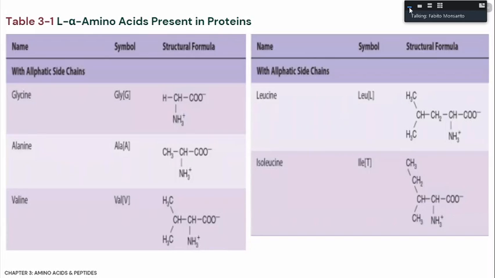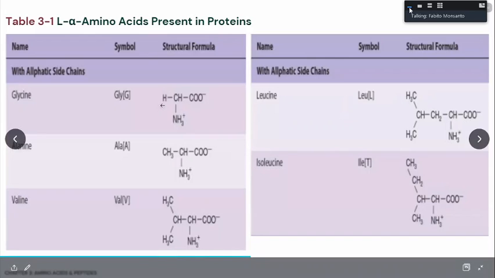Now, if you still remember your kindergarten organic chemistry, it's this carbon here which we call the alpha carbon. Actually, this alpha carbon is carbon 2 of your organic acid, remember? This is carbon 1, this is carbon 2, that's carbon 3. But if you use your Greek letter, this is alpha carbon and this is beta carbon.